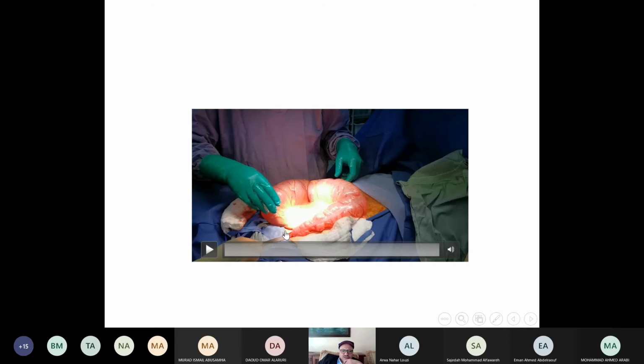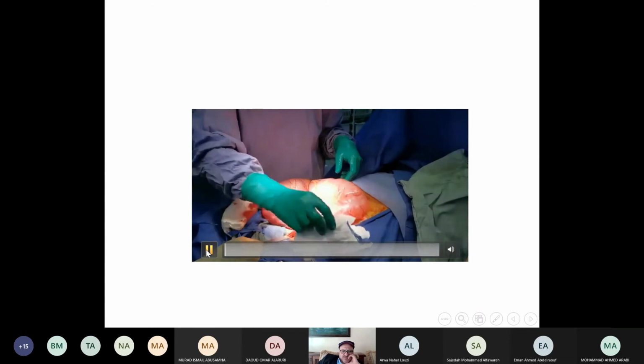This is one of our patients. This is what we have found when we open the abdomen. Now what we are going to do is to relieve the volvulus, and then we will demonstrate how it happens.